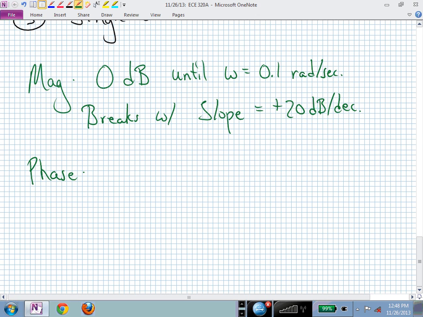The way that I like to describe that is I say the phase is 0 degrees when we are a decade in front of the break. So that's 1/10 of the break, which in this case is 10 to the minus 2, or 0.01 radians per second.